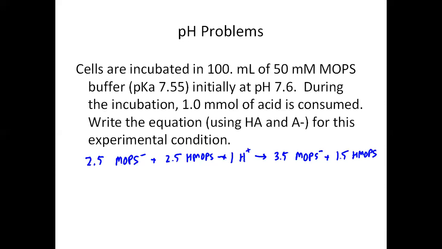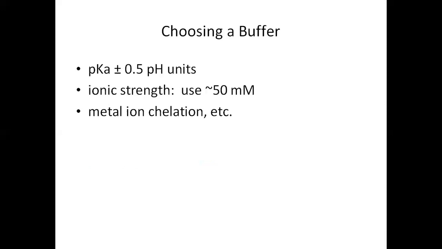As these problems have demonstrated, the pK value is critically important to choosing a buffer, and we would want to choose a buffer that has a pK value within half a pH unit of where we are doing our experiment.